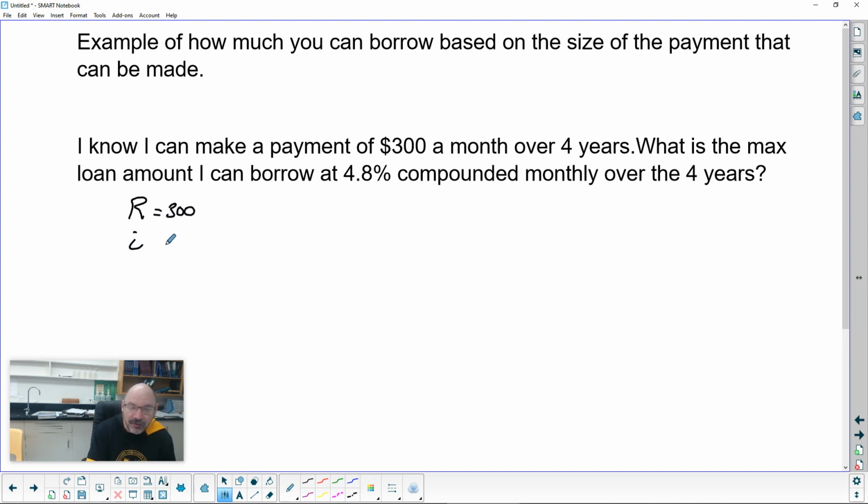I is 0.048, and that's per month, so divided by 12. Okay, and then when you get the interest rate, that's 0.004. Okay, and in 4 years, there are 12 months a year, so 4 times 12 is 48 months total.